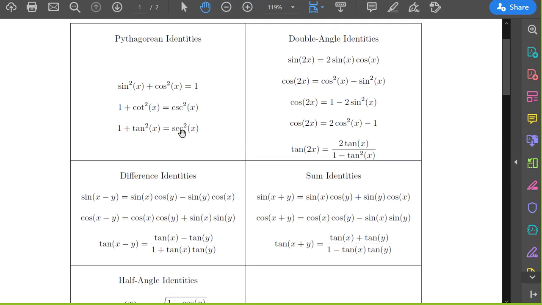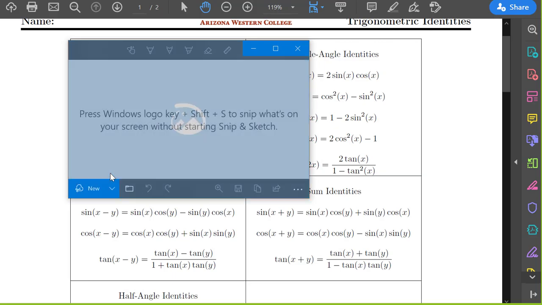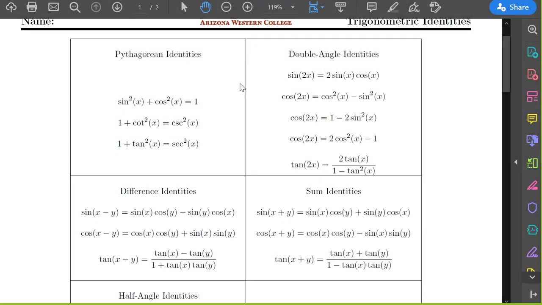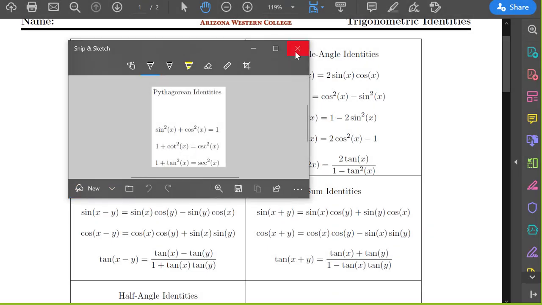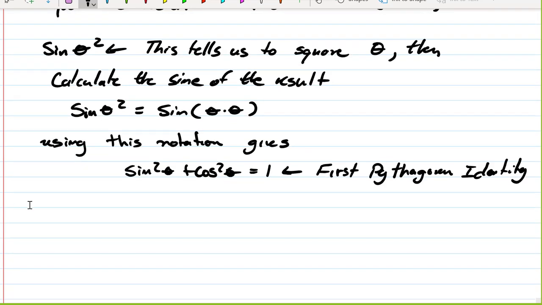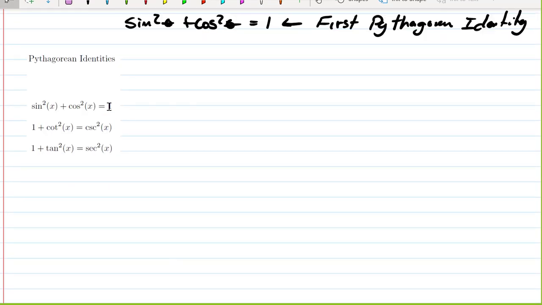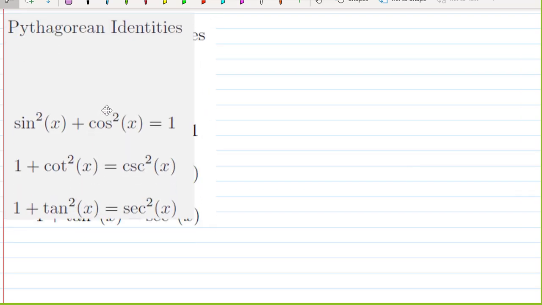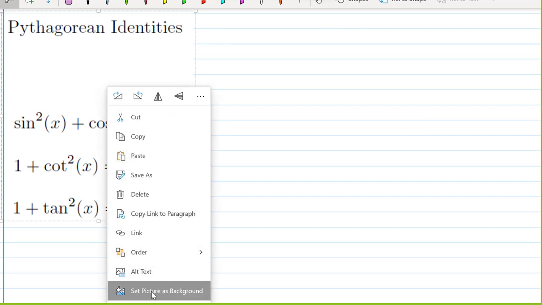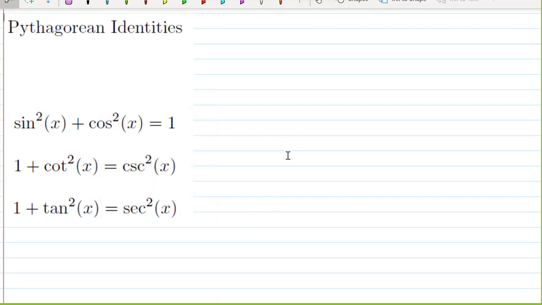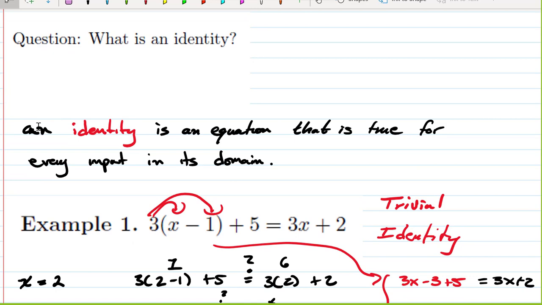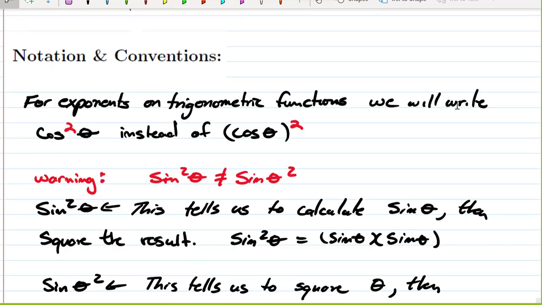So on our handout, we have the following three identities. Sine squared plus cosine squared equals 1 is called the first Pythagorean identity, and there are a couple of other Pythagorean identities. So let's go ahead and talk about some of the properties of each of these. The first thing we need to remember when dealing with identities is an identity is an equation that is true for every input in its domain.